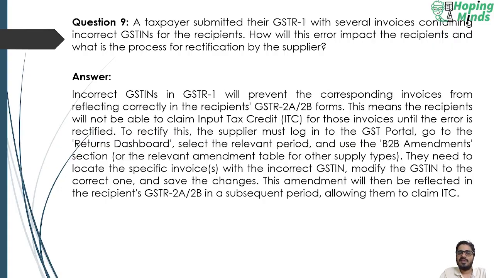In such a case, the supplier has to raise a credit note using the same GSTIN that was inadvertently punched, and once the credit note has been issued, a fresh invoice against the correct GSTIN has to be raised.